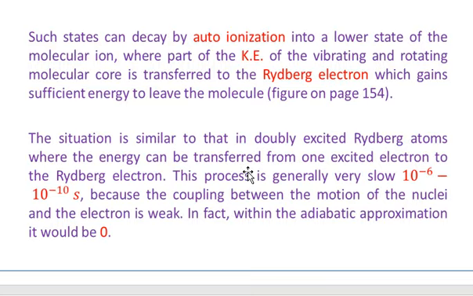Then the molecule through autoionization decays to the lower state, which is the F state, the molecular ionization state of the molecule, and the energy difference between the K electronic state and the F state will appear as the kinetic energy of the Rydberg electron.